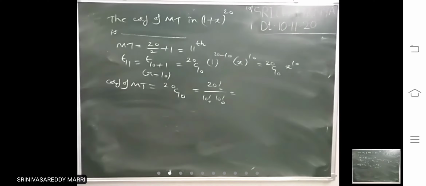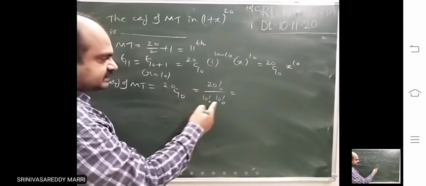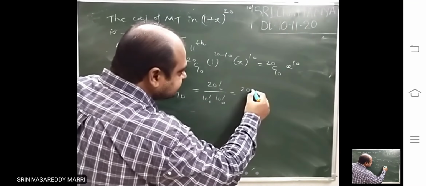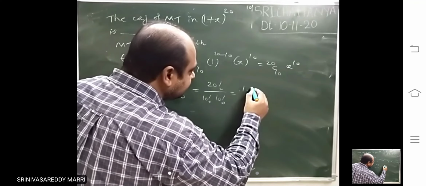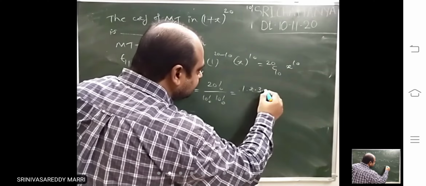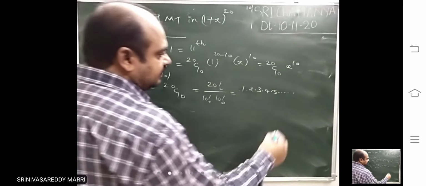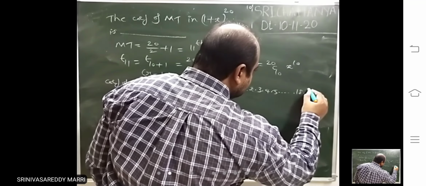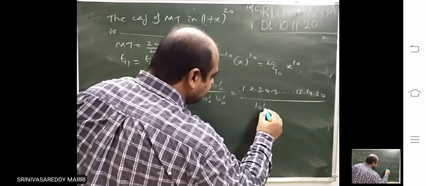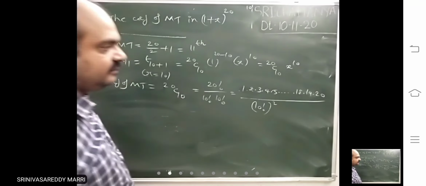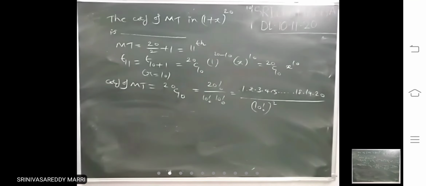Like this I am writing. 20 factorial is nothing but 1 into 2 into 3 into 4 into 5 and so on up to 20, divided by 10 factorial whole square. Totally 20 terms will be there.